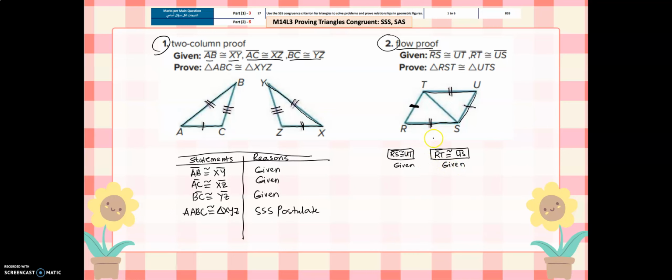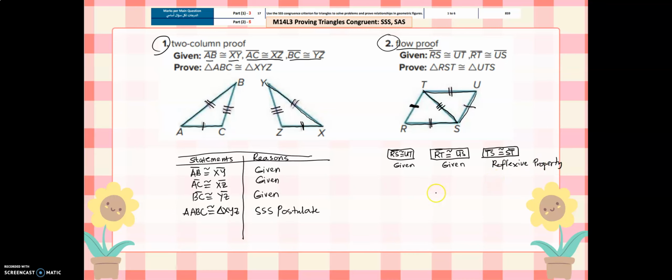Now, in this example, the two corresponding sides are congruent. Therefore, the side shared, TS, is also congruent. So I can write here line segment TS is congruent to line segment ST. This is by the reflexive property of equality.